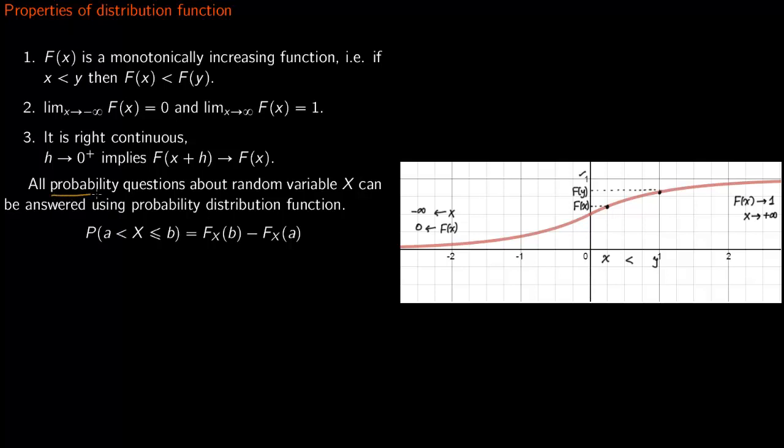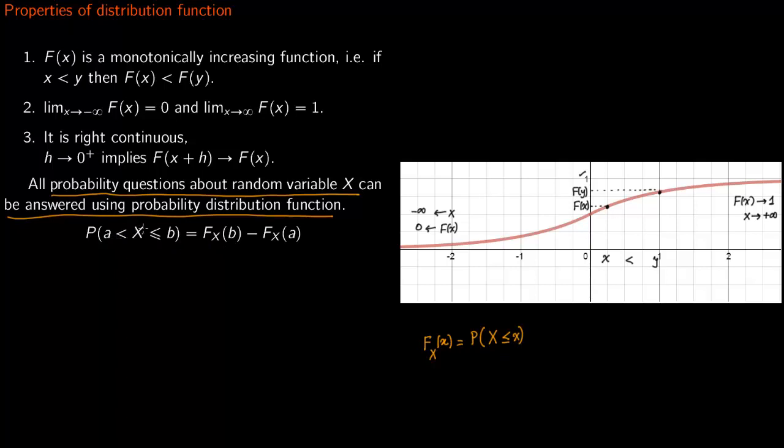Now all probability questions about random variable x can be answered using probability distribution function. So again, recall what is this distribution function. You have the random variable capital X here and you put small x here. This is equal to what? This is the probability of this random variable capital X being less than or equal to small x.